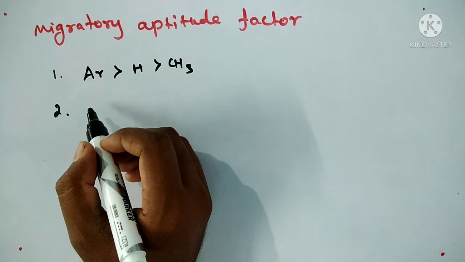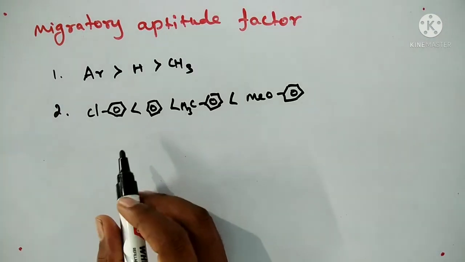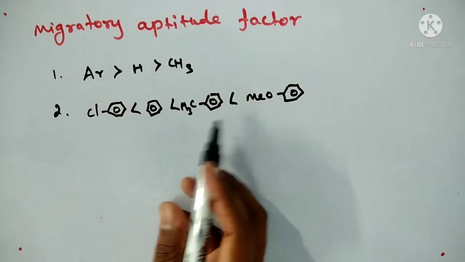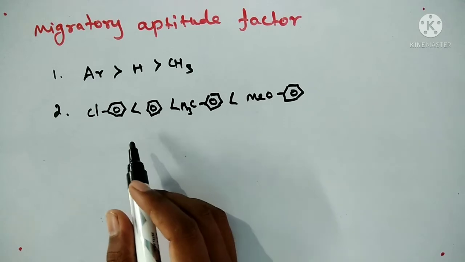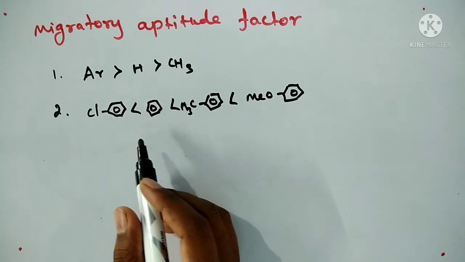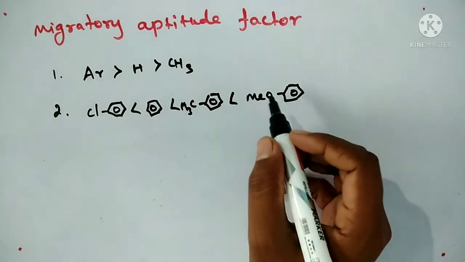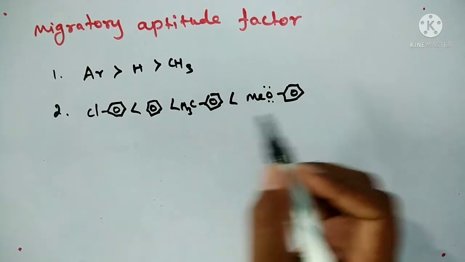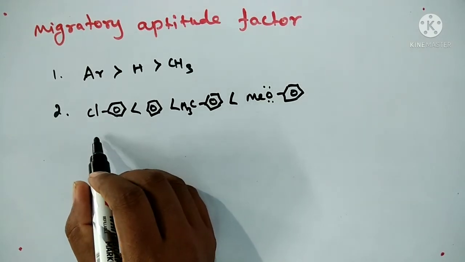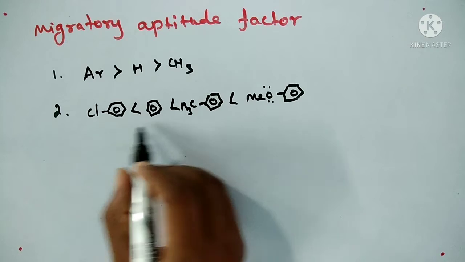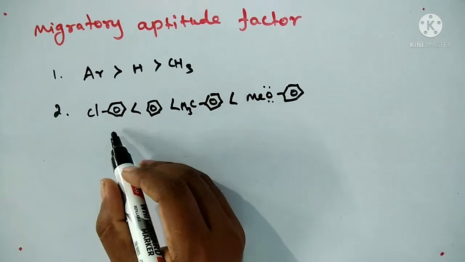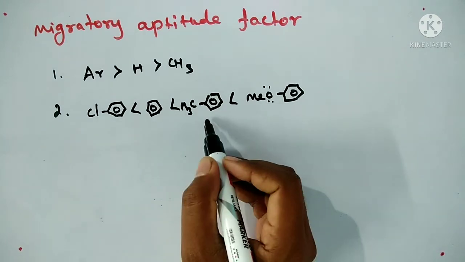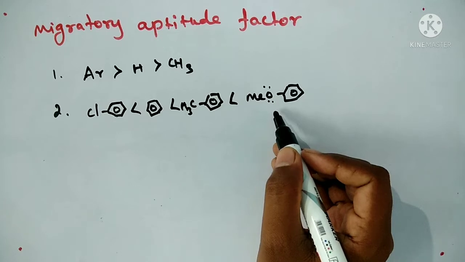So for example, the aryl group migratory aptitude increases as the aromatic nucleus is made increasingly electron rich. The migratory aptitude increases in the following manner: chlorophenyl, phenyl, tolyl, methoxyphenyl.